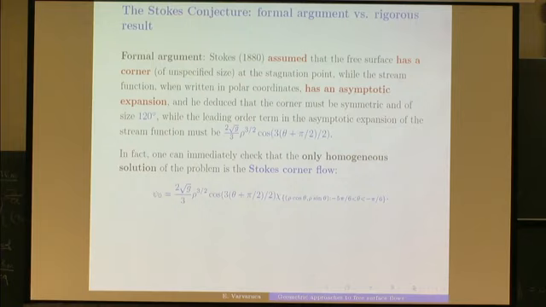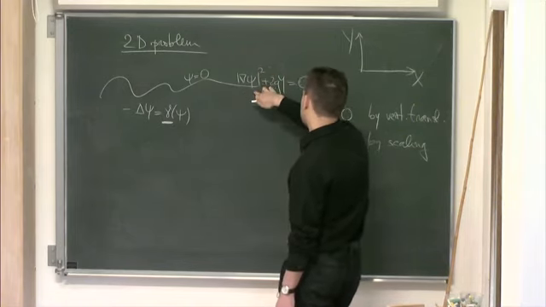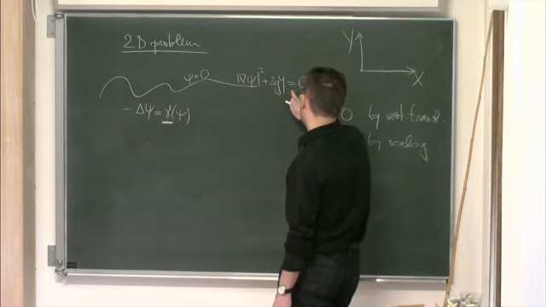So going back to the 2D problem and the Stokes conjecture. What is actually the statement, and what was Stokes' argument? In this setting, with 2gy equals 0, because the gradient is always positive, y has to be less than or equal to 0.